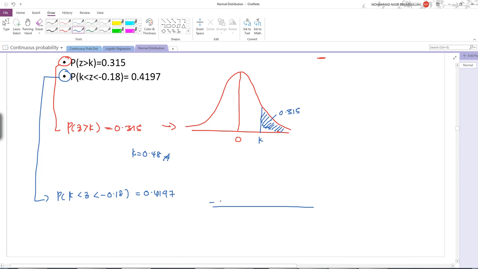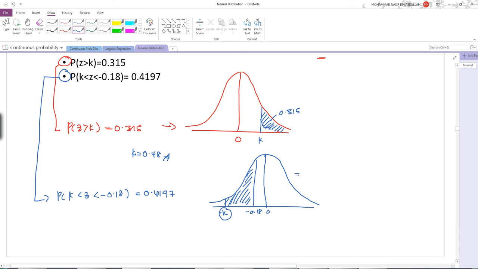So since the value of probability is not exceeding 0.5, it means it will not go to the next side. So it starts from 0, negative 0.18 to K. We are expecting K to be negative. Negative K. K should be a negative value. So this is the area that we want to find.